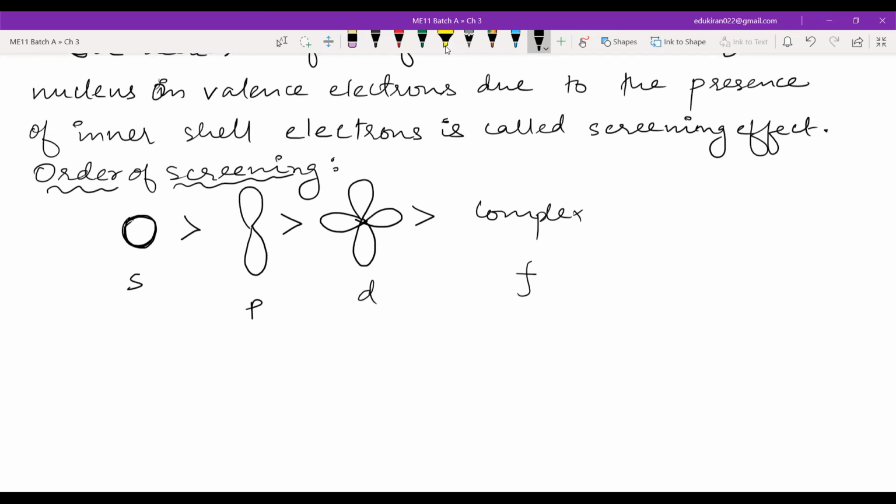The effect of shielding for s is the most. Please write this down.